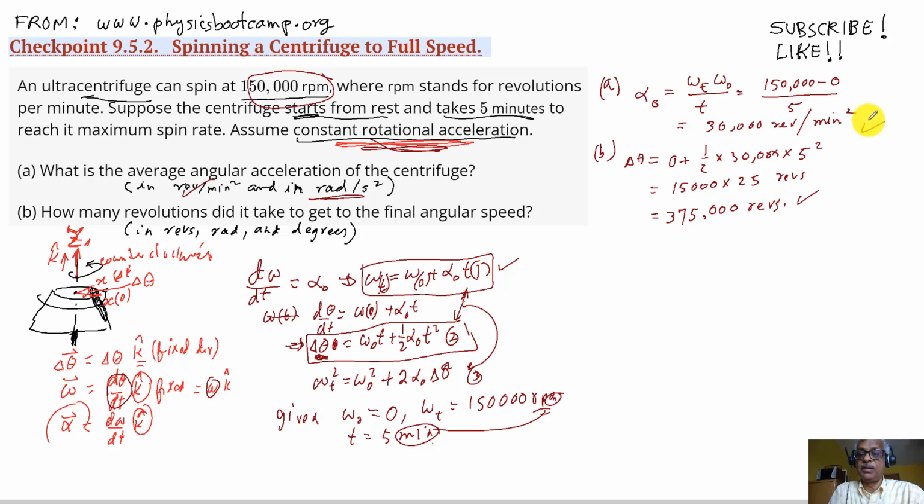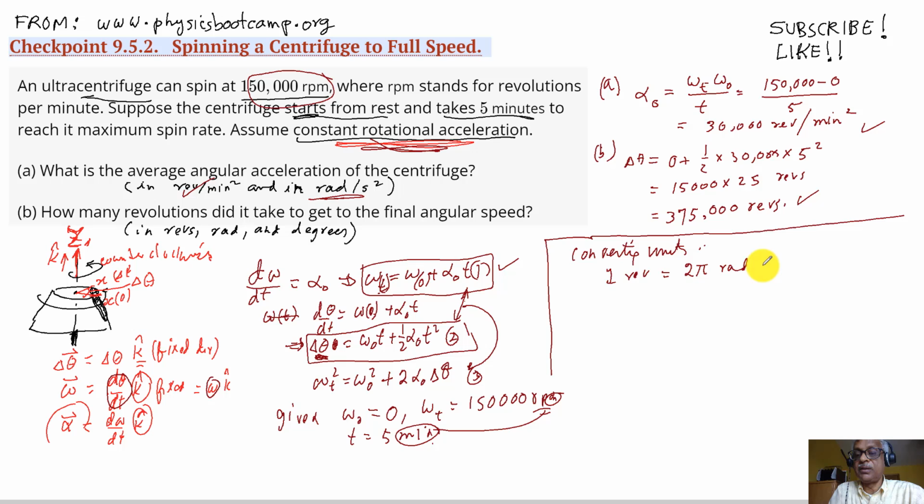Okay, now converting units. In one revolution, you go 2 pi radians, which is 360 degrees. And we need minutes: 1 minute is 60 seconds.